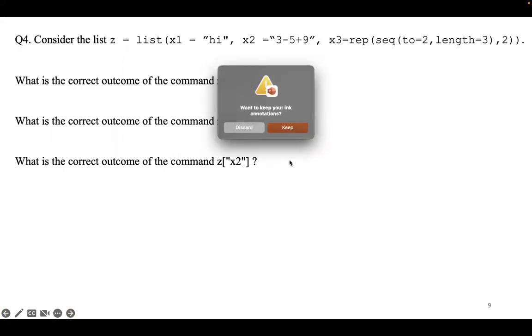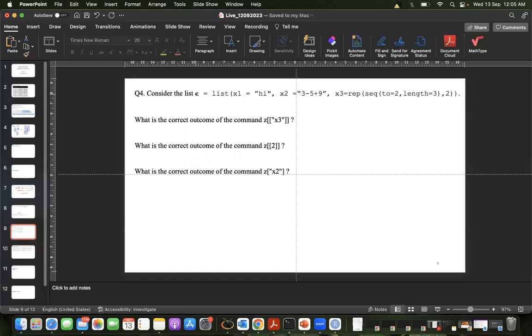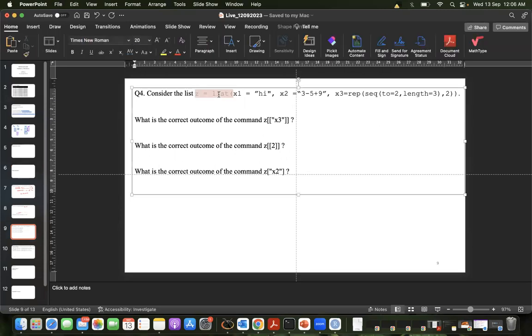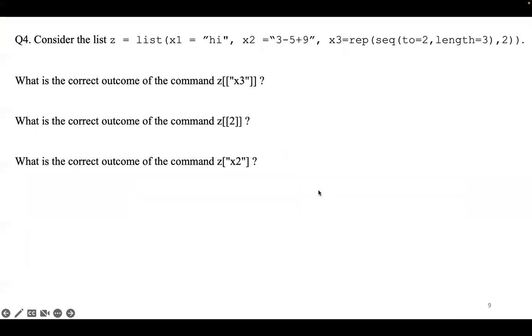Just a second. If I copy this thing, I'll copy it later, but you'll see if I copy this, it will throw some error because it's not able to recognize all the double quotes.